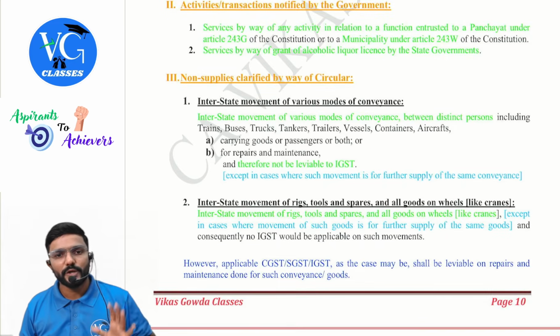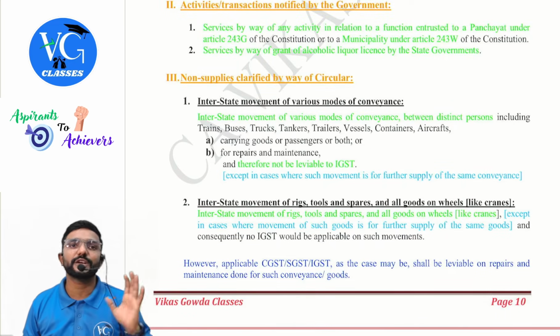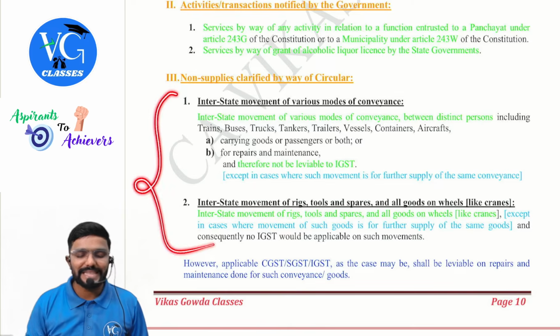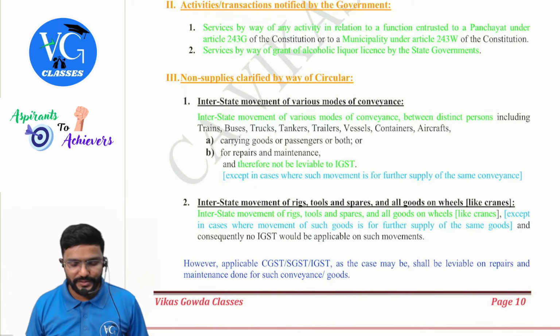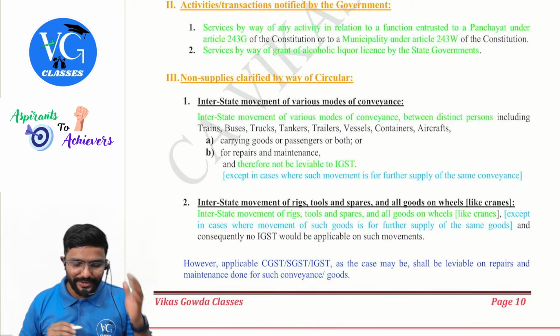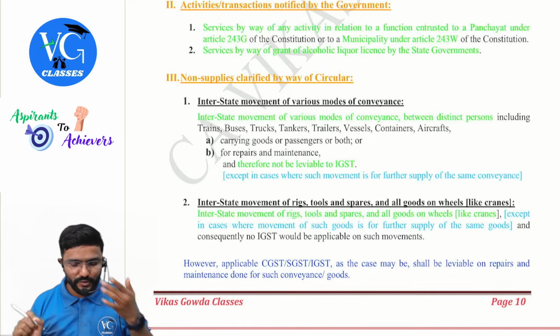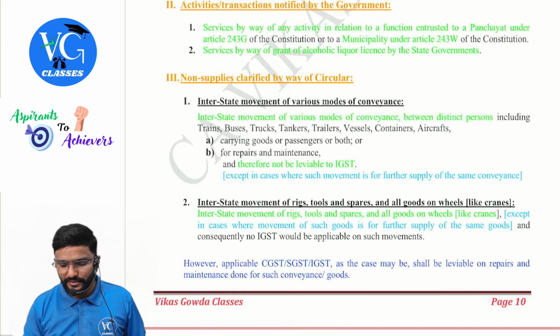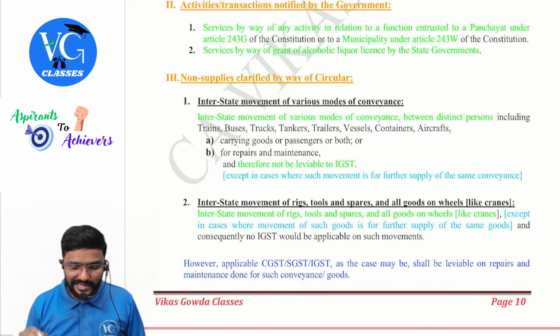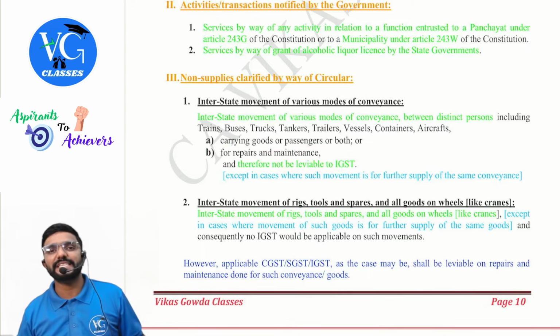Okay. Next, non-supplies clarified by a circular. These are non-supplies as clarified by the circulars, guys. Interstate movement of various modes of conveyance between distinct persons, including train, bus, trucks, tankers, trailers, vessels, containers, aircraft, carrying goods or passengers or both, are for repairs and maintenance, and therefore not liable to IGST.